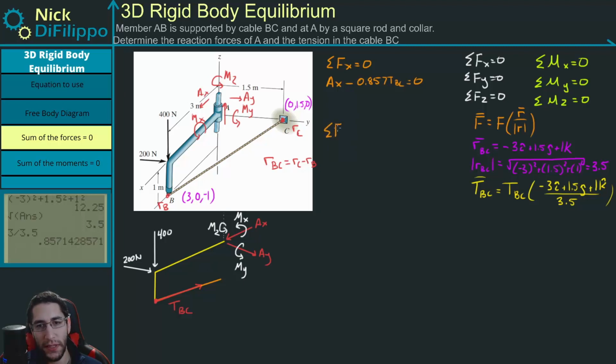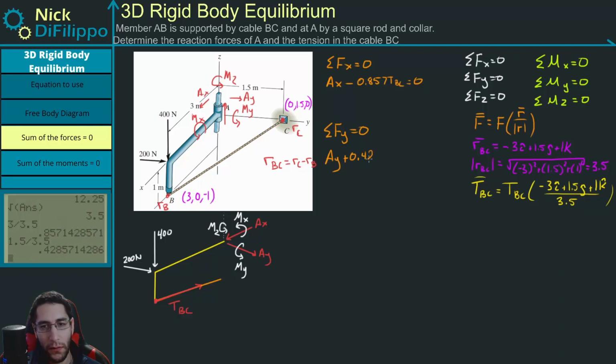The sum of the forces in the y is equal to 0. All right, so again, I'm going to have this TBC equation. Let's do my reaction forces first. So I have AY, then plus 1.5 over 3.5, so plus 0.429 TBC.